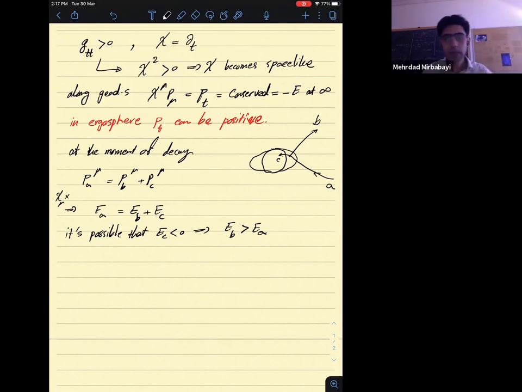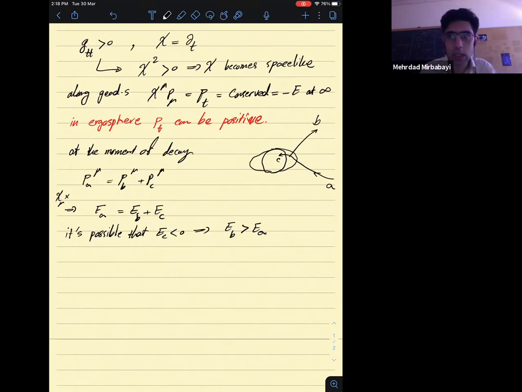Well, if this possibility is realized, so the way I described it, it seemed that it is possible, but I didn't show that it actually happens. Now, one can construct a setup in which it actually happens, a setup in which this process happens very efficiently, and that is related to black hole superradiance.